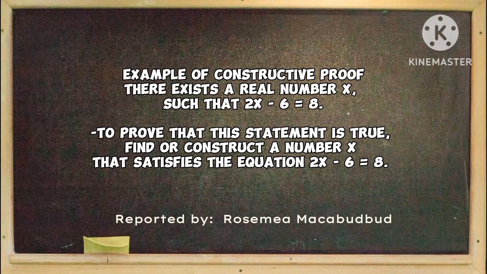To prove that this statement is true, find or construct a number x that satisfies the equation 2x minus 6 equals 8. You could use trial and error to find an x that gives a true statement. You could also use algebra and actually solve for x in this equation.